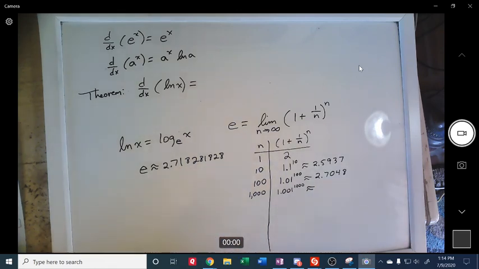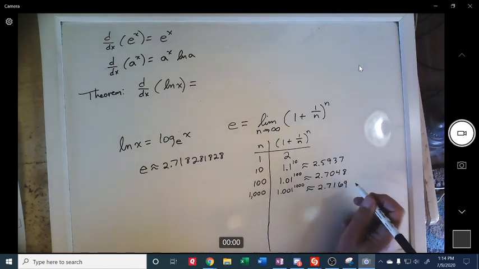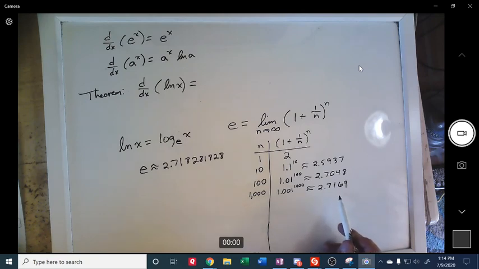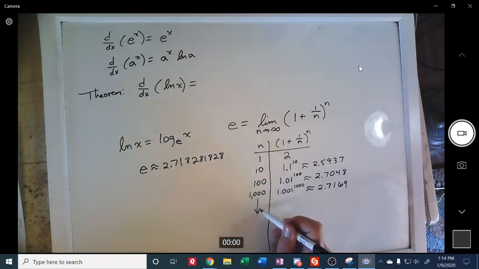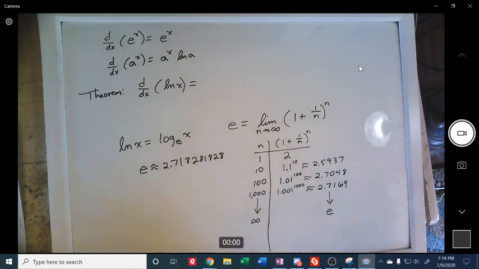Let me do it one more time. See how we're getting pretty close to this. And as this goes towards infinity, this goes towards e. So the limit is that.